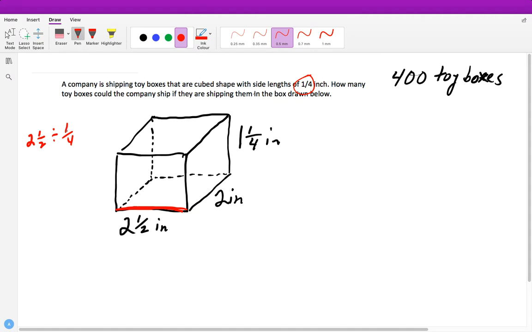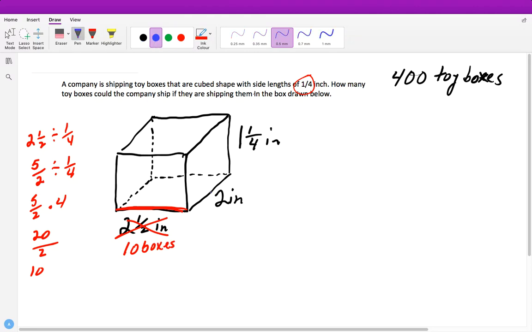So then what we would do is rewrite this as an improper fraction. So this is 5/2 divided by 1/4, 5/2 times 4, and then 5 times 4 gives me 20/2, which is 10. So instead of looking at this as inches, I'm looking at it as how many boxes I can fit. And I can fit 10 boxes.